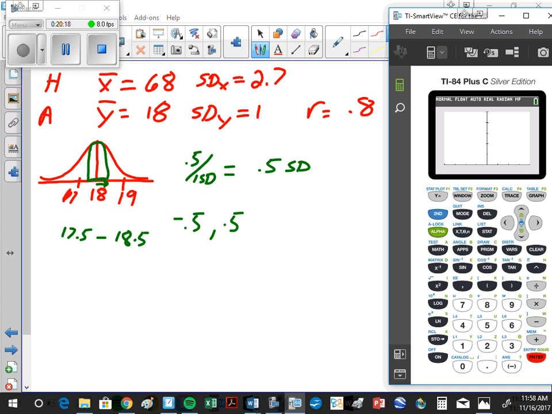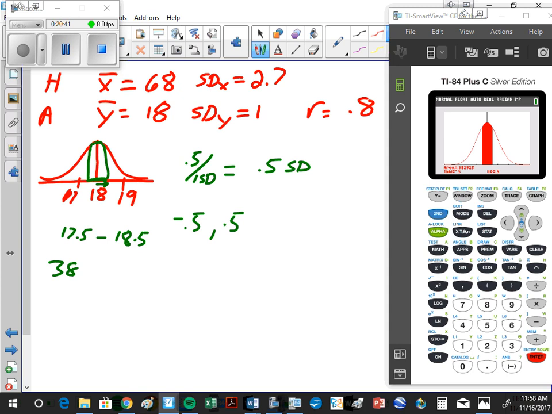So clear my draw, shade norm, and I want to go from negative 0.5 to 0.5. And we end up with 38.2.